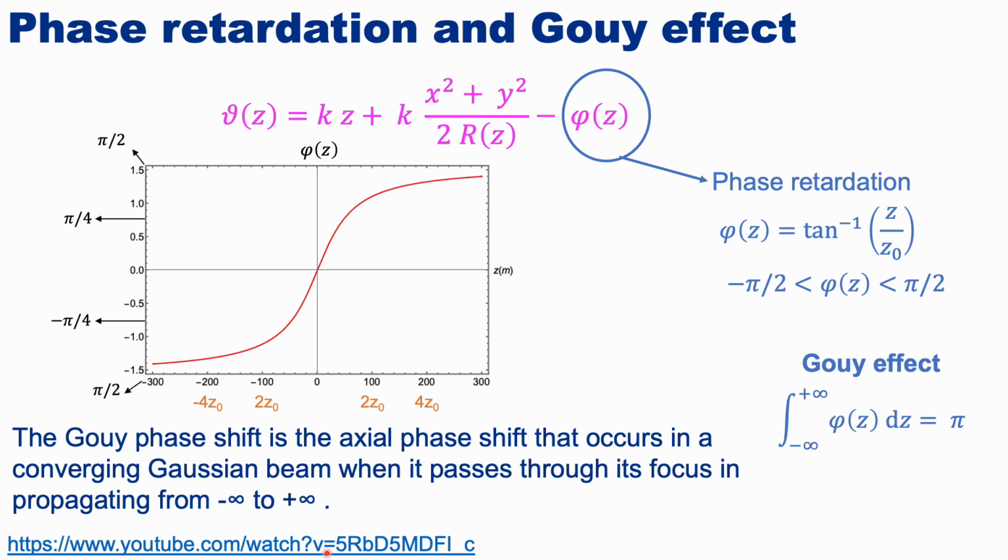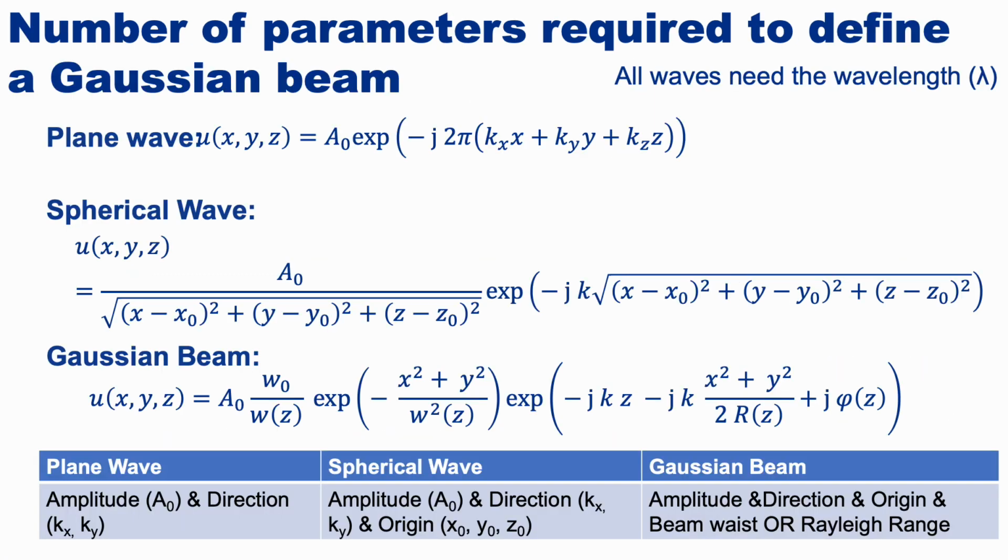There is a video of students showing this change experimentally, and basically what you're going to see is a contrast inversion. The dark ring becomes bright and the bright rings become dark. That's the experimental confirmation of that change of pi.